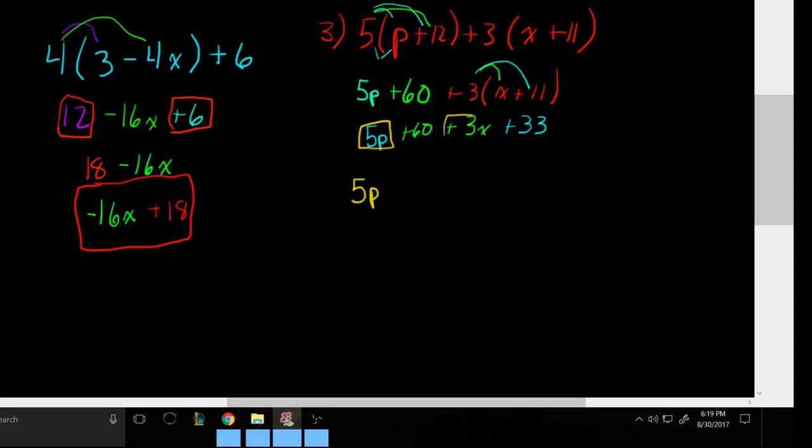And I don't have any other terms with x's in them, so I'll bring down the positive 3x. I do, however, have two terms that are just numbers. I have positive 60 and positive 33. So from there we'll just combine those together. 60 plus 33 is positive 93. And that should be your answer for number 3.